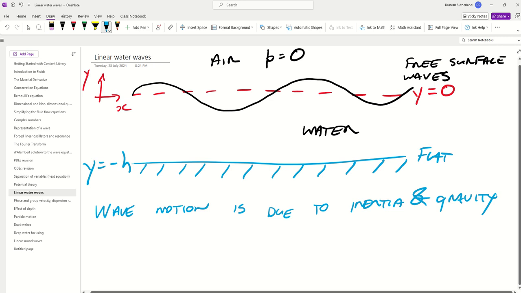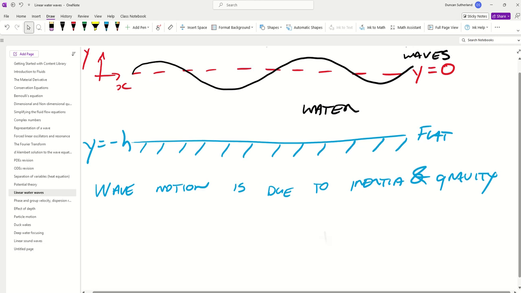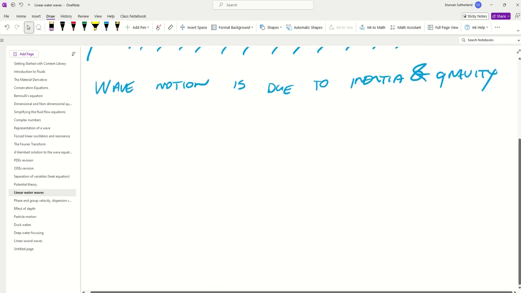You can have waves of a similar form where the restoring force is surface tension, but what we're going to do here is think of it as gravitational.